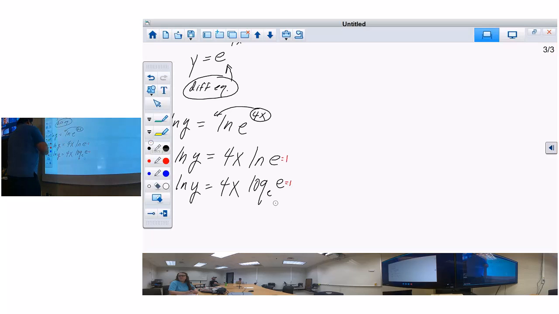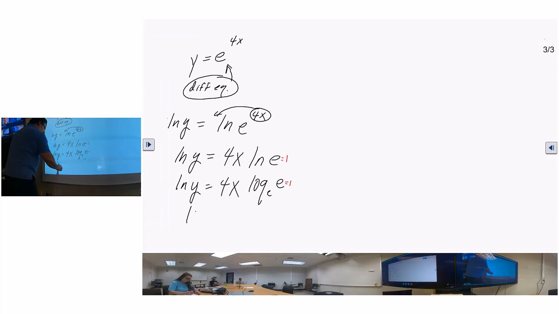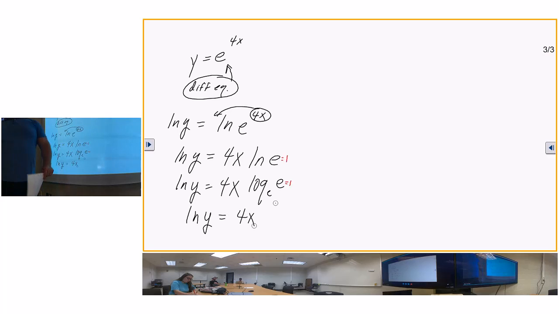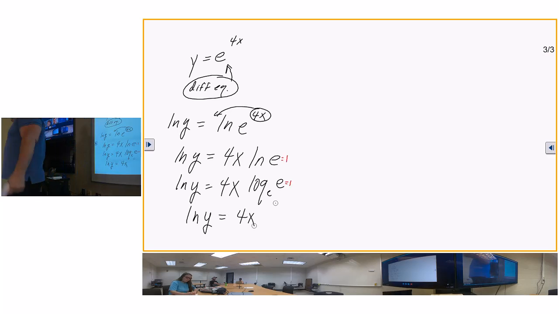So we've got natural log of y is equal to 4x times 1. Now, implicitly differentiate that.